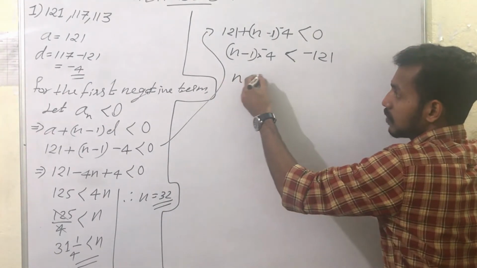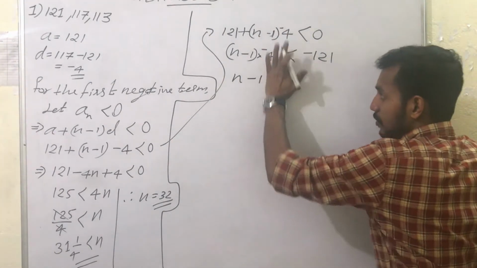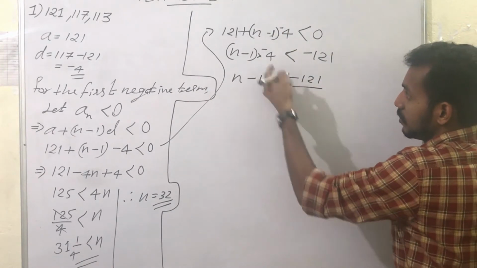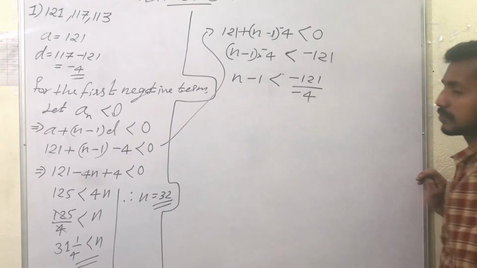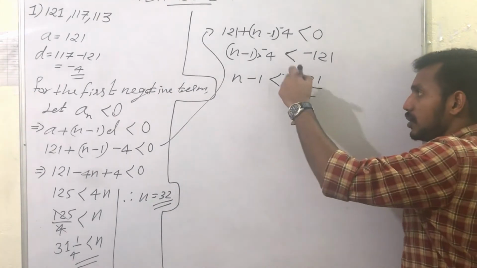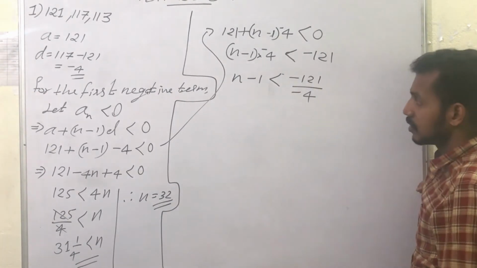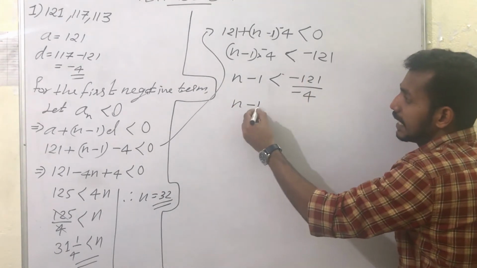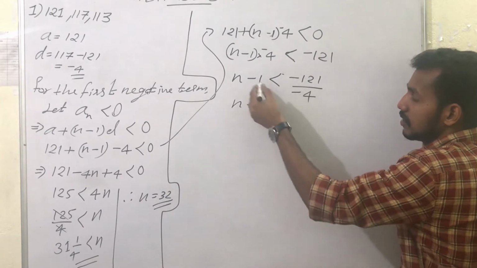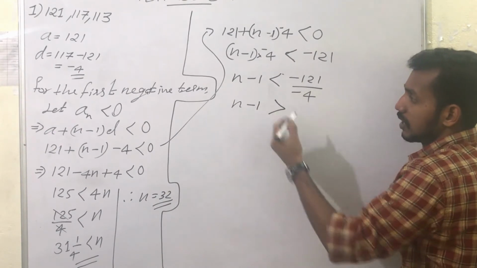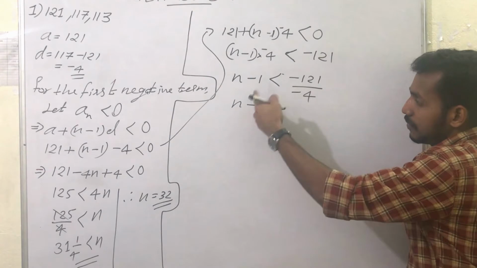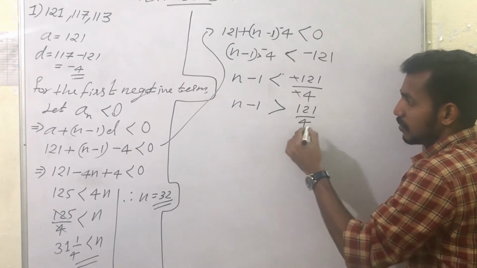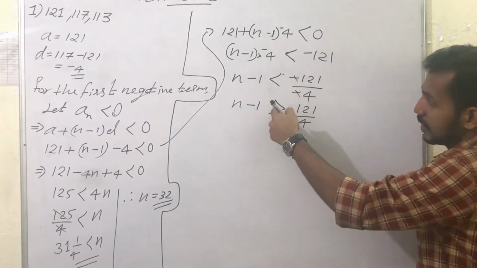Then n minus 1 is less than minus 121 divided by minus 4. Now you are going to cancel this minus sign. During the cancellation of this minus sign, you should interchange the symbol which connects the right and the left term. So now you can cancel. It will be 121 by 4. The symbol should be interchanged.